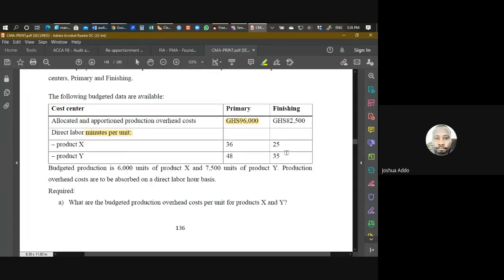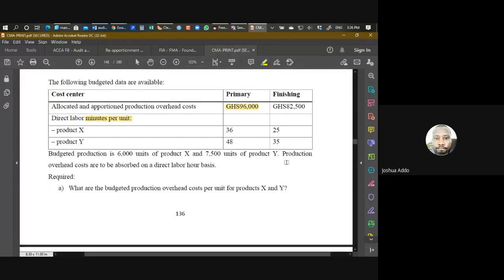In the finishing department, we do a similar exercise. This is also minutes, and we convert these minutes to hours. Then we find the total hours, because finishing has the same level of production, 6,000 X and 7,500 Y. We multiply the hours here by the number of units to get the total hours. We do it for Y, get the total hours, and add the 2.